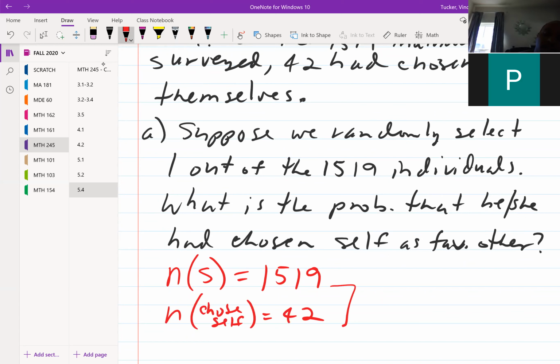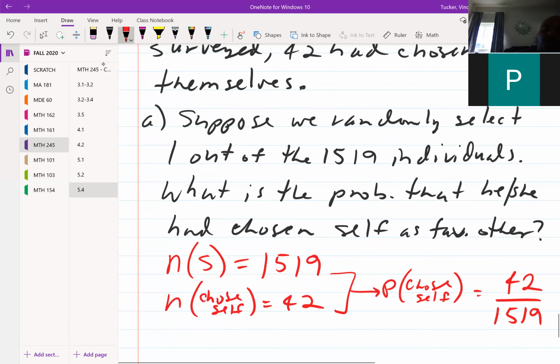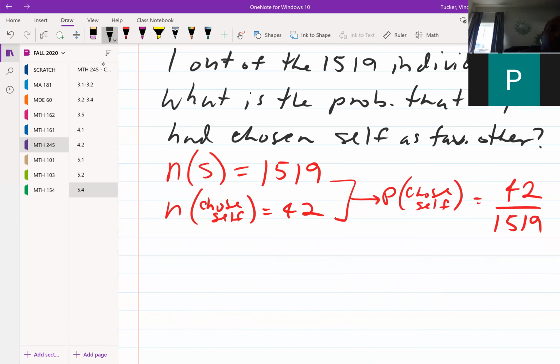So the probability of getting somebody who chose self is just going to be 42 over 1519. All right, questions on that?